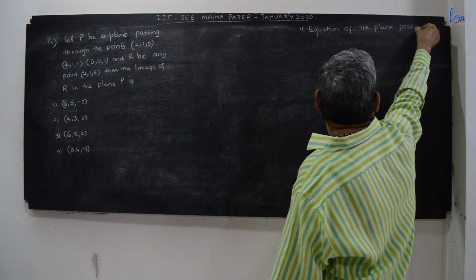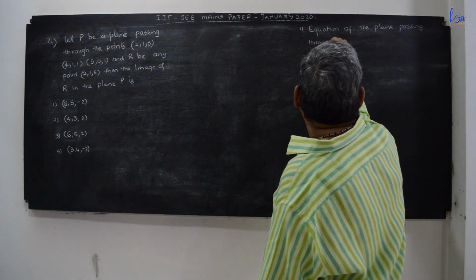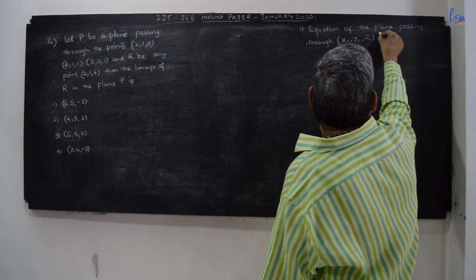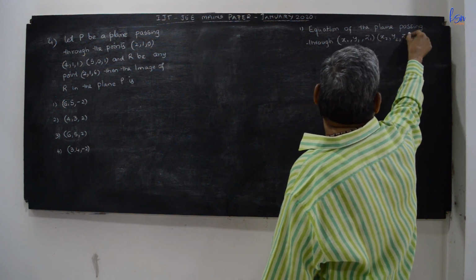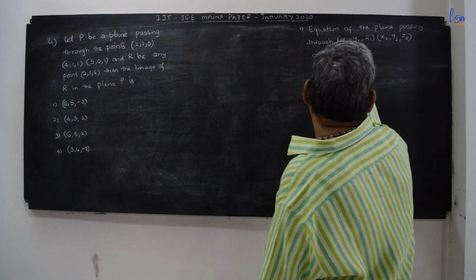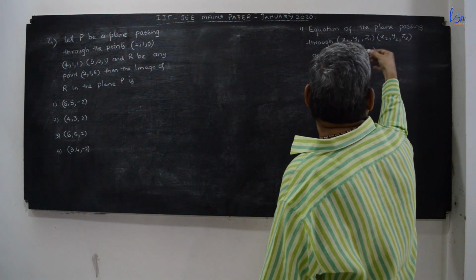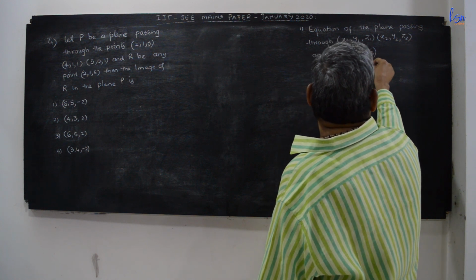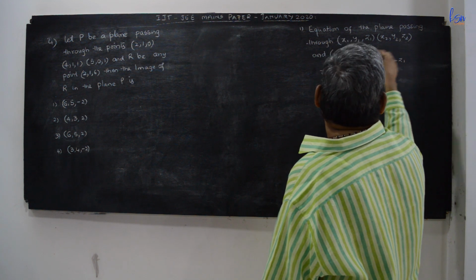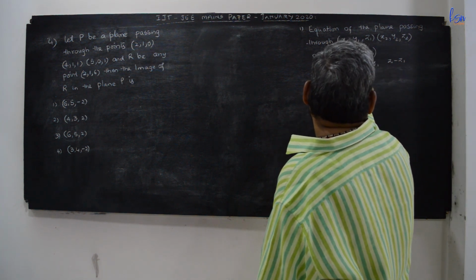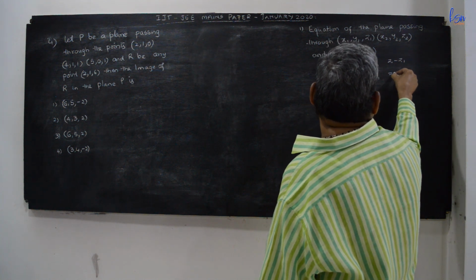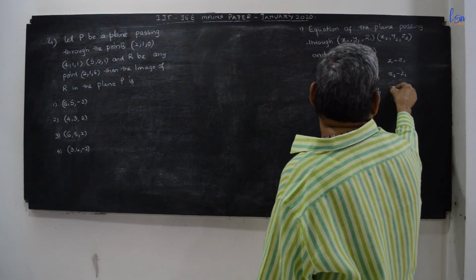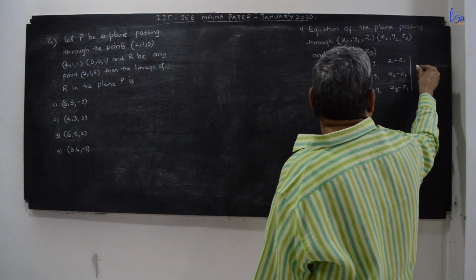passing through the points (x1, y1, z1), (x2, y2, z2) and (x3, y3, z3) is equal to the determinant of rows: x minus x1, y minus y1, z minus z1; x2 minus x1, y2 minus y1, z2 minus z1; x3 minus x1, y3 minus y1, z3 minus z1, is equal to 0.